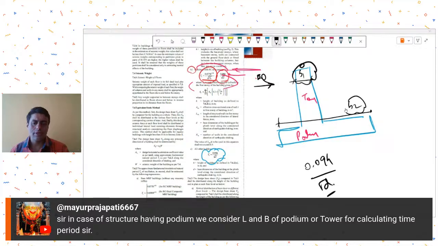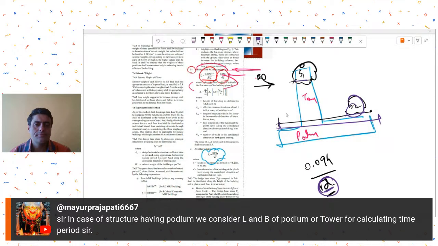If I want the lowest time period, whether I take this dimension as B1 or B2, remember, I want the lowest time period possible. So I might go for the higher dimension B2 in that case, so that I get the lower time period. These things are not quite clearly given.